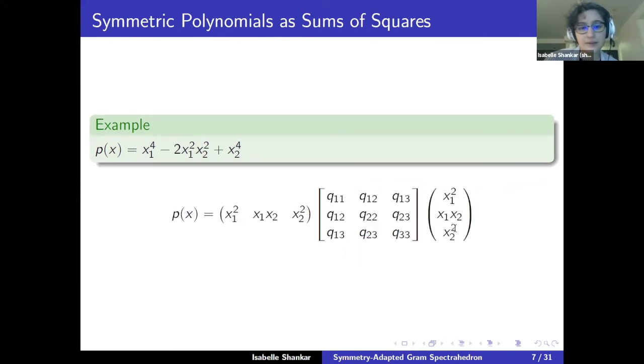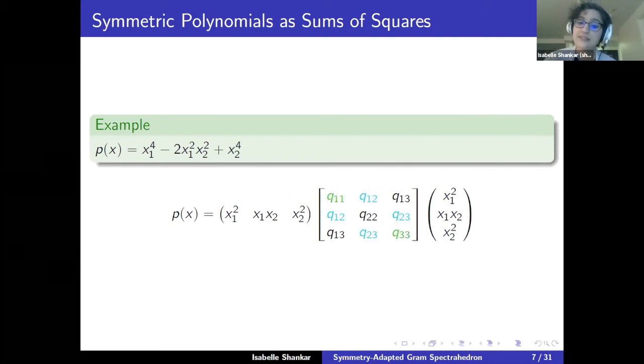So let's set it up the way we normally would. The fact about sums of squares tells us that if we write our polynomial in this form, here's our Q matrix, our Gram matrix, and here's our monomial vector of all degree D monomials. Instead of looking at all 3 by 3 symmetric matrices, we can look at the ones that commute with our D(1 2) matrix.